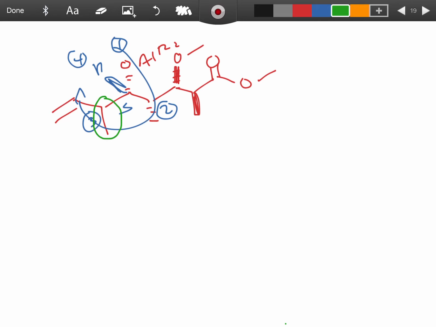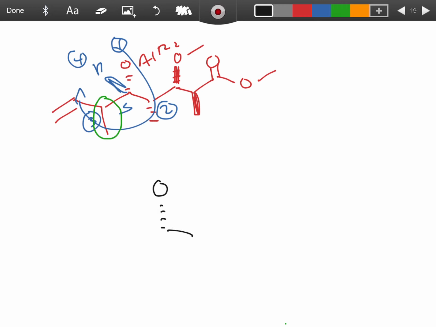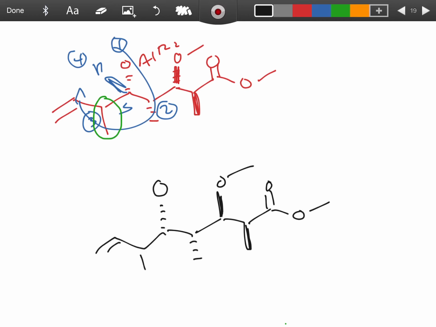One of the reasons I picked this example is I thought it was neat that, draw it out so you can see it better, you end up with a diethyl aluminum on the oxygen.